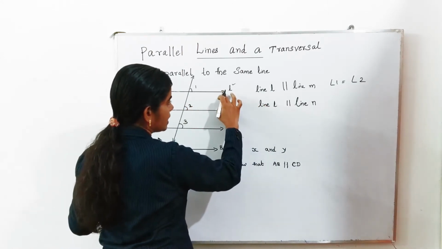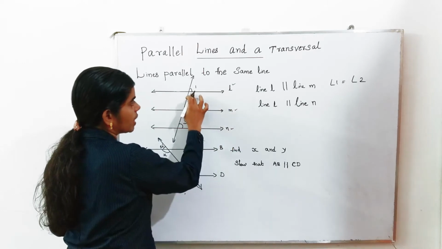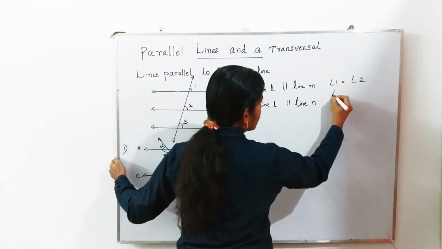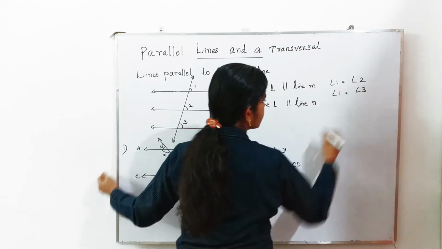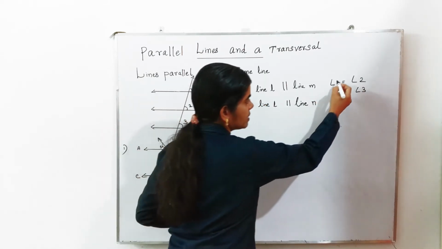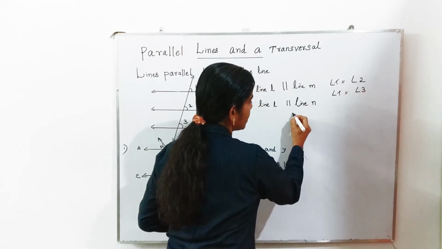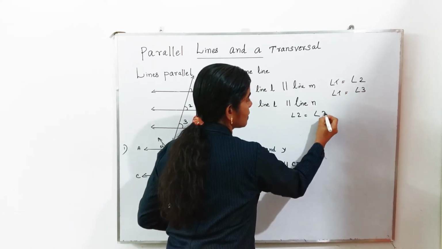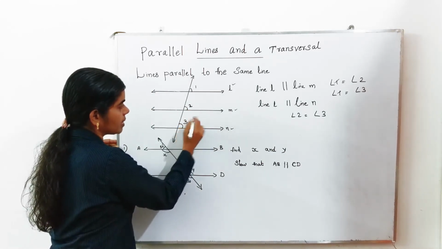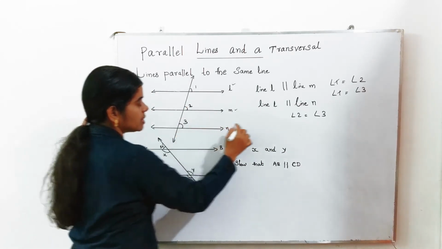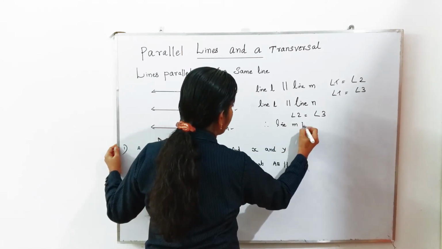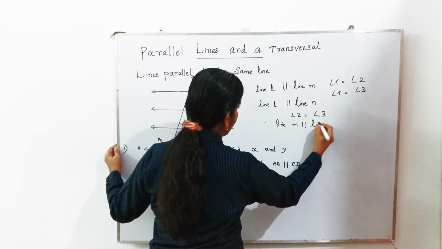Next, line L is parallel to line N, so angle 1 is equal to angle 3. From these two, since angle 1 is the same, we can cancel it. The remaining will be angle 2 is equal to angle 3. These two angles are corresponding angles, therefore we can say that line M will be parallel to line N.